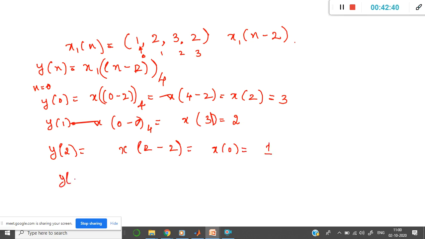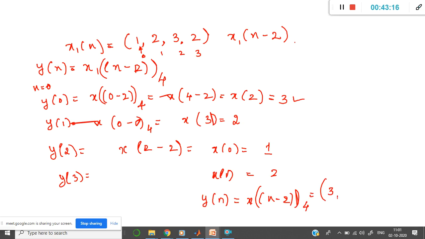And finally, the last value, y of 3, is x of 3 minus 2, that is x of 1, which is 2. So the new value y of n, the circular shift of my input x of n minus 2, will be: the first sequence is 3, followed by 2, then 1, then 2.